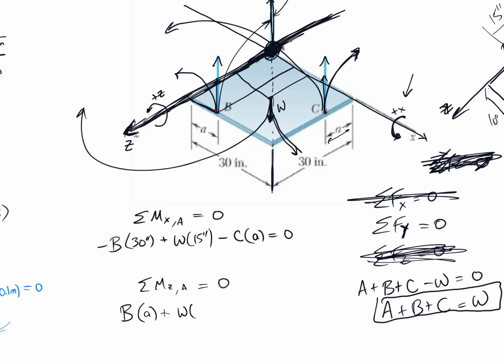The weight times 15 inches, because it's halfway out there. Now it's going negative, so we erase that positive sign and put a negative there. And then the C, its distance is all the way from here to here, so its perpendicular distance, or moment arm, is 30 inches, and it's positive, plus C times 30 inches equals 0. So those are our equations.